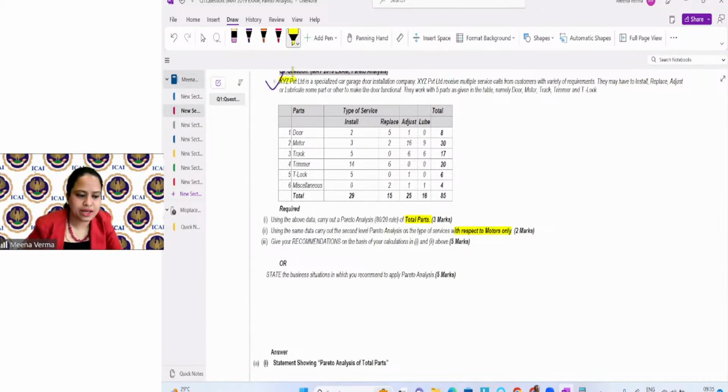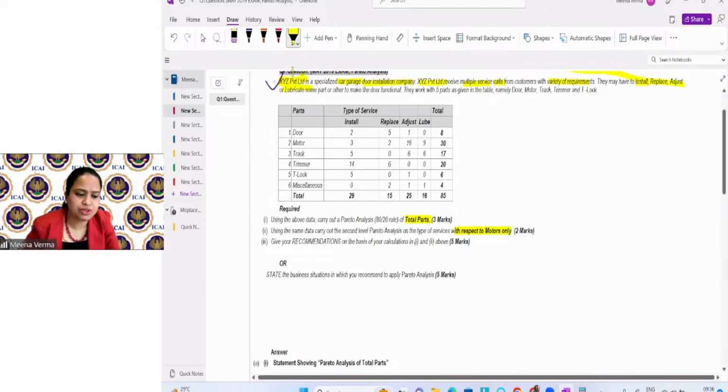So what is happening? XYZ Private Limited is a specialized car garage door installation company. XYZ Private Limited receives multiple service calls from customers with a variety of requirements. They must install, replace, adjust, or lubricate some part or other to make the door function.